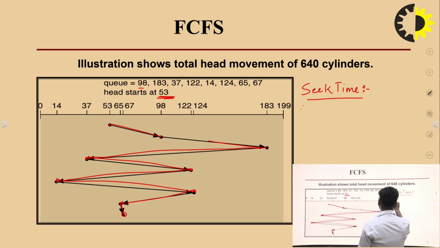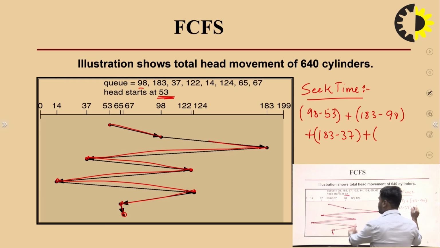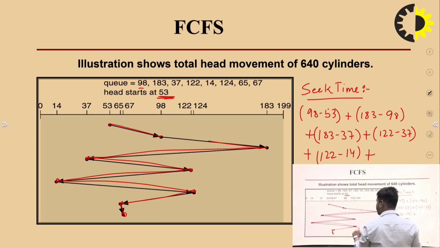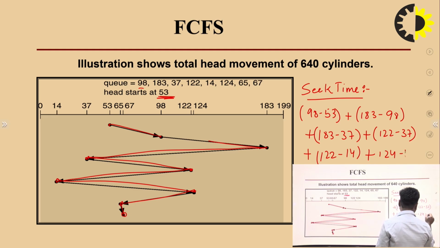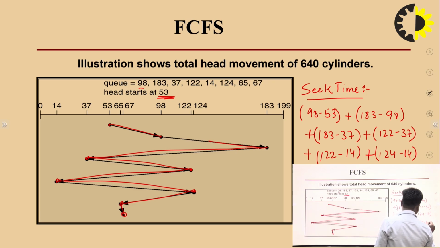That means 98 minus 53, plus 183 minus 98, plus 183 minus 37, plus 122 minus 37, plus 122 minus 14, plus 124 minus 14, plus 65 minus 14, plus 67 minus 65.